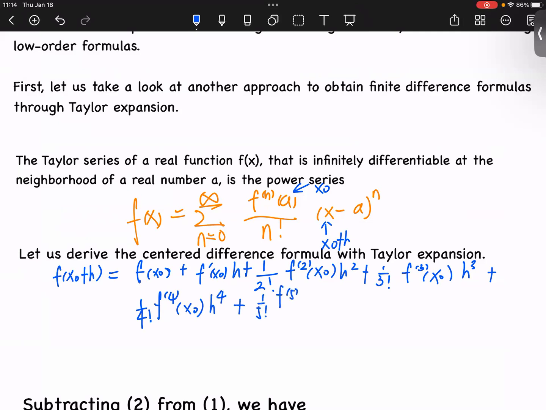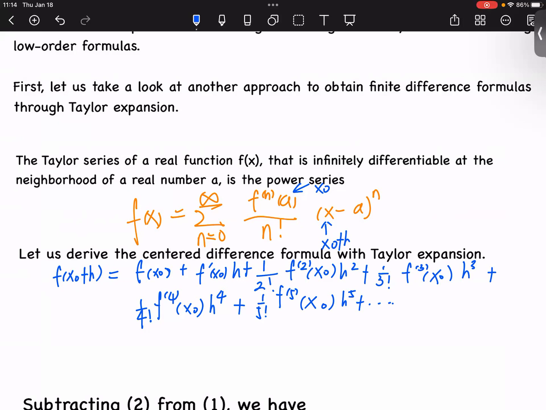And I also have the fifth derivative here, and I am skipping the terms coming after. And so this is the Taylor expansion for f(x0 plus h).